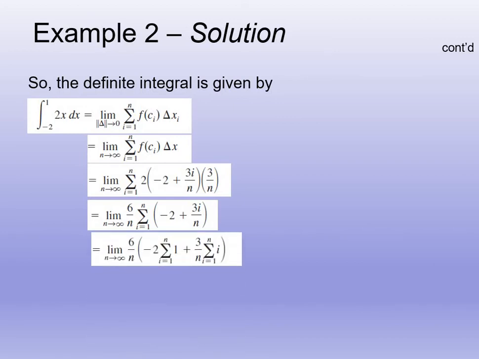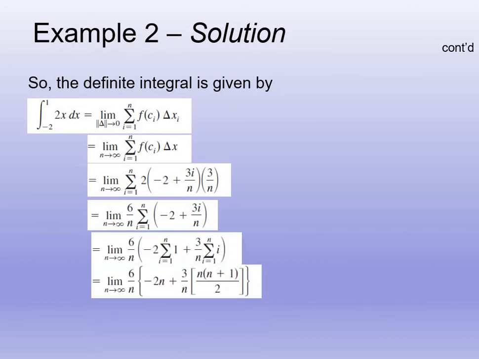As we break apart our summations, we can substitute in our n values. When we replace the sigmas with their n equivalents, we end up with the limit as n approaches infinity of 6 over n times negative 2n plus 3 over n times the quantity n times n plus 1 divided by 2.